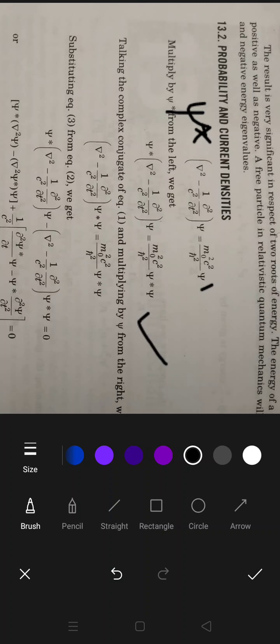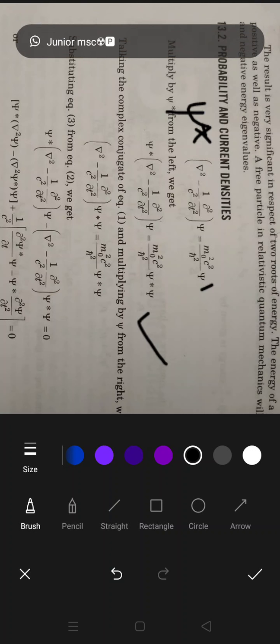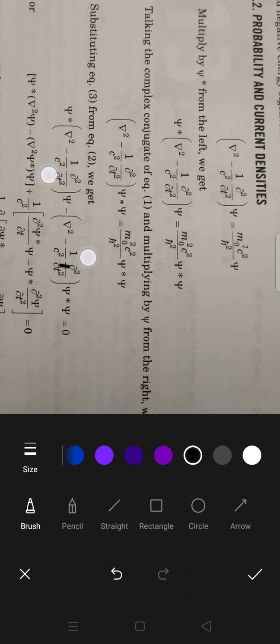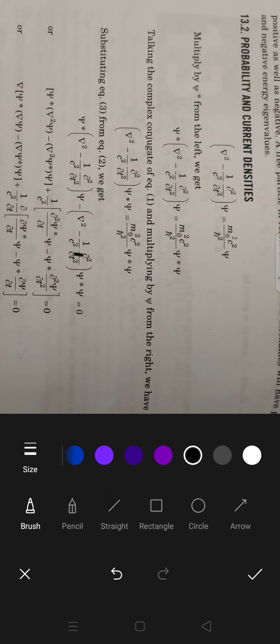Then take the complex conjugate of equation 1 and multiply by psi from the right.